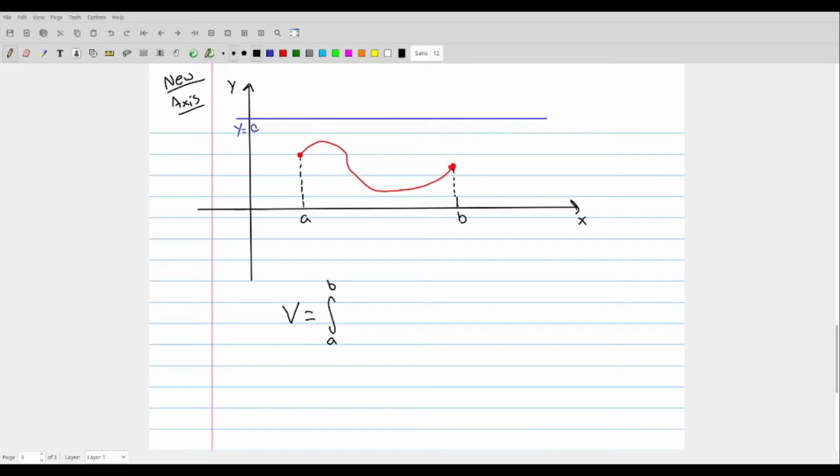It's the integral from a to b of pi times something squared, or radius value squared, but in this case the radius is now the distance from here to here if we're revolving around this axis right here, the axis y equals c. So this distance is given by c minus f of x.